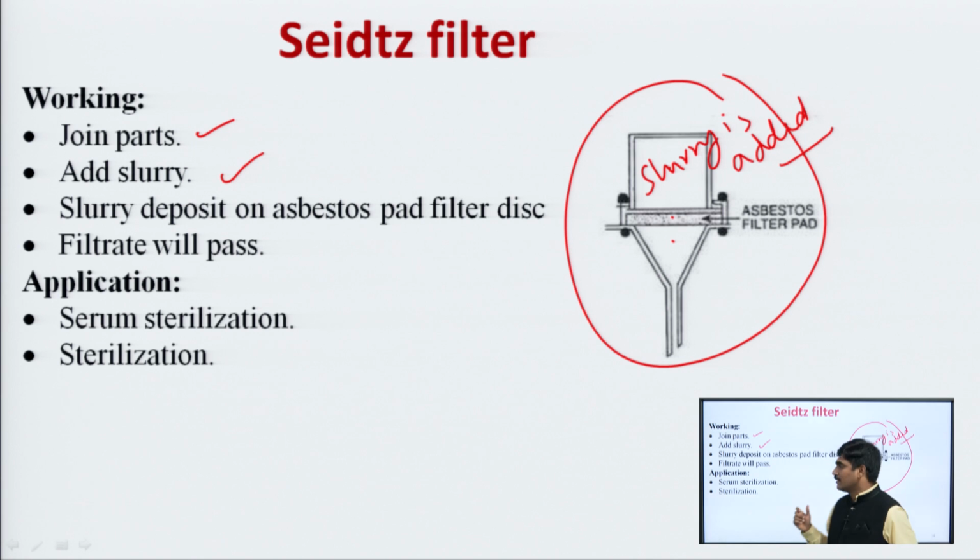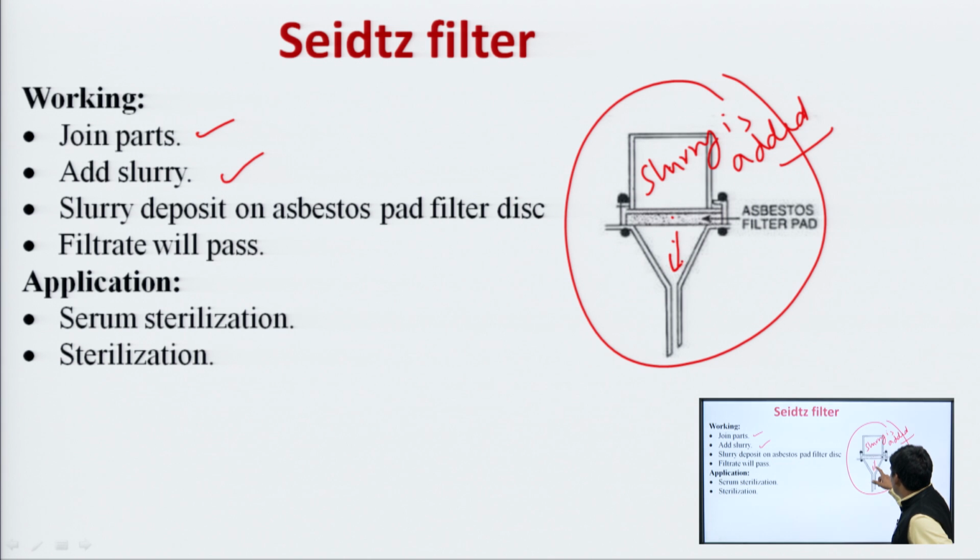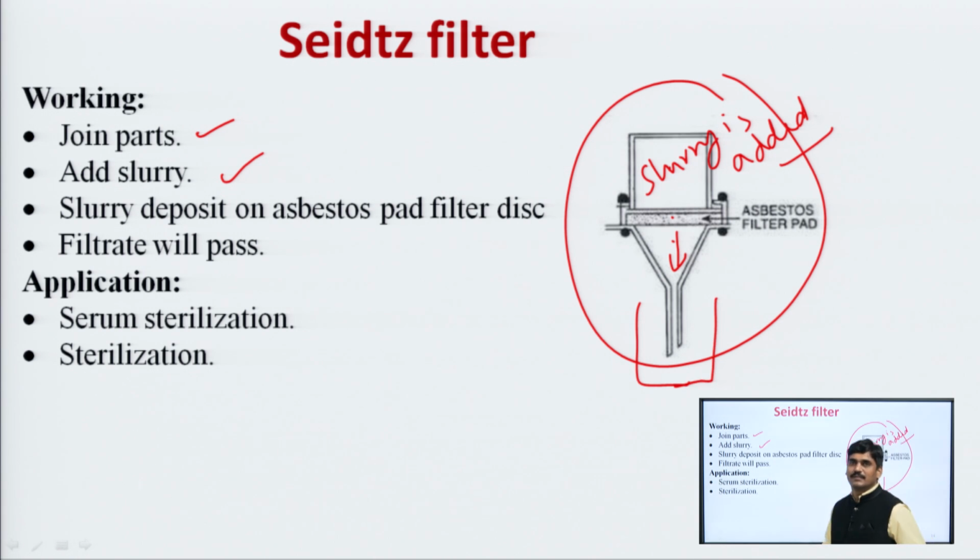Then slurry deposits on this asbestos pad filter disc. After that filtrate will pass through this disc, and at the bottom into the receiver, the filtrate is collected, or you can say that clear liquid solution is collected.